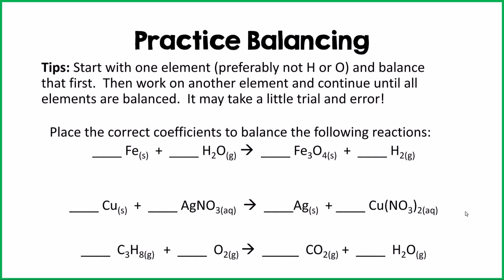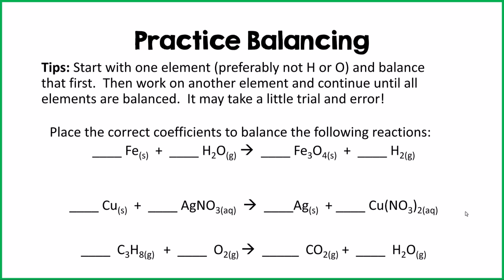So let's practice balancing a couple of equations. It is a bit of trial and error, but here are some tips. Start with 1 element, preferably not hydrogen or oxygen, because sometimes those are found in odd numbers and it kind of throws you off, and balance that first. Then work on another element and continue until all elements are balanced.